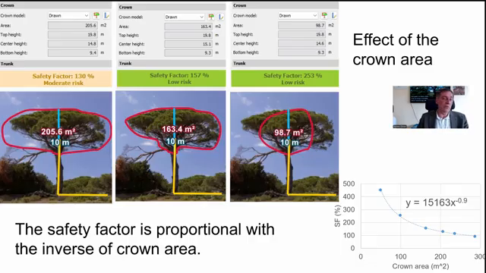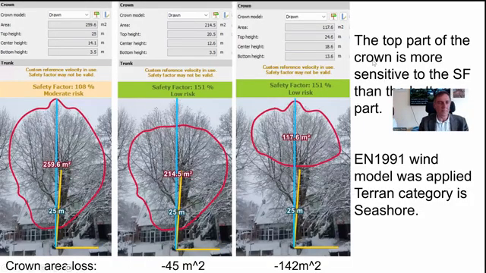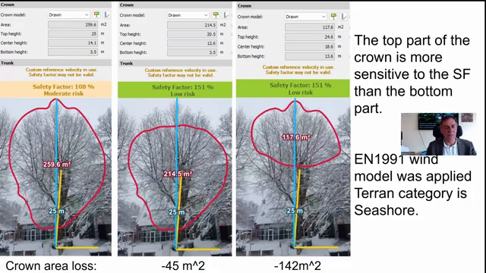So the effect of the crown area is 100% incorporated in the biomechanics. This is really, really good to see. It gives the practitioner the possibility to modify the crown area whenever the safety factor is low.